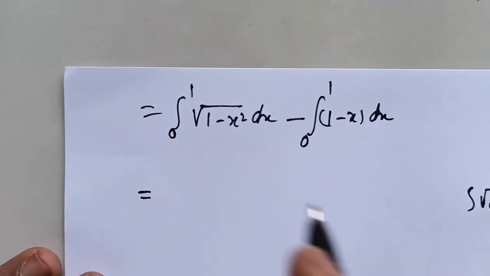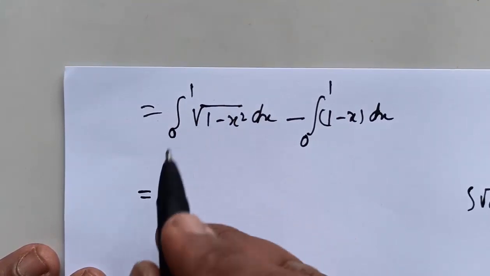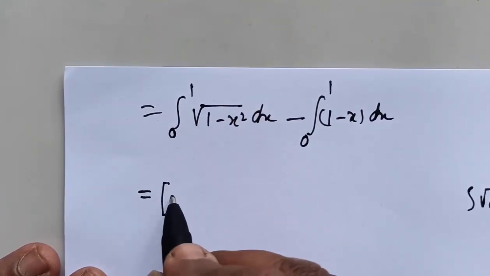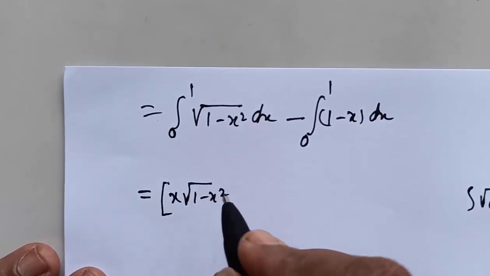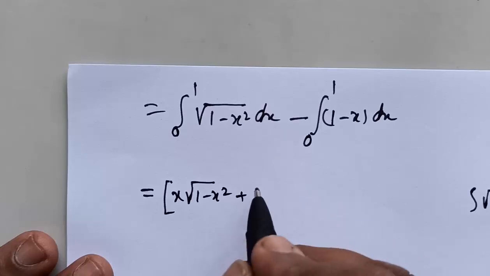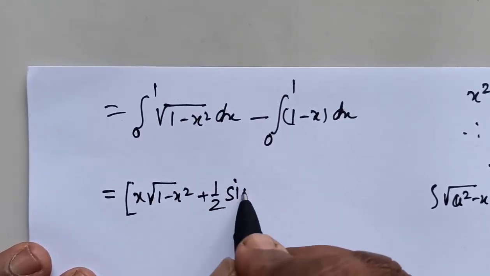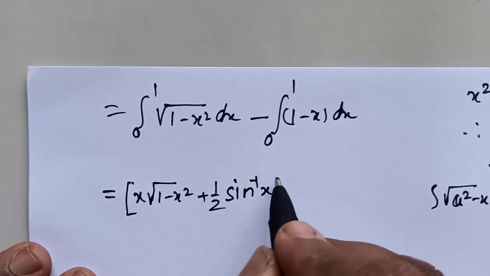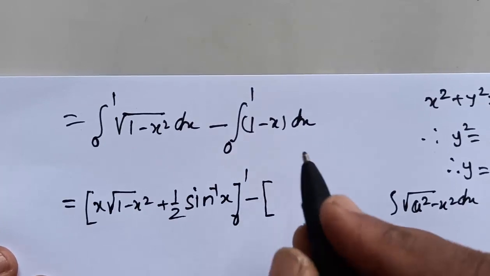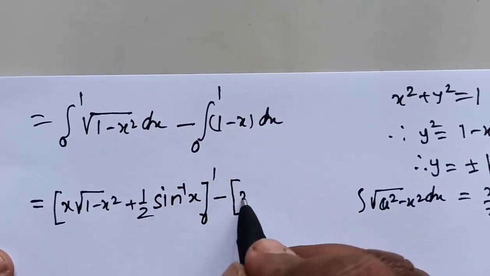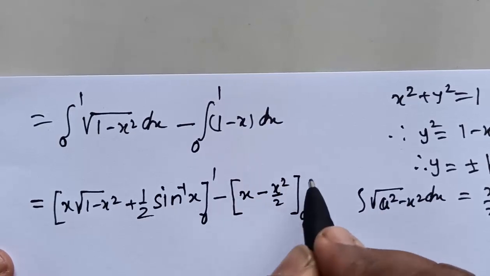Using this, the integration is x by 2 under root of 1 minus x square plus 1/2 sine inverse of x from 0 to 1, minus integration of 1 is x and of x is x square upon 2, from 0 to 1.